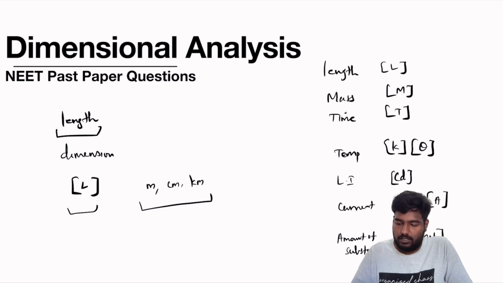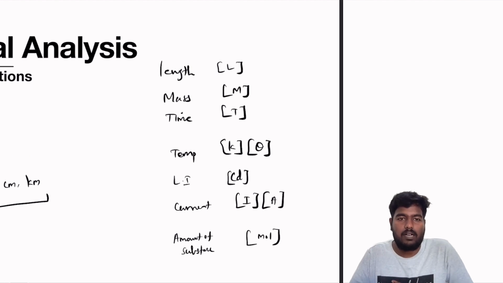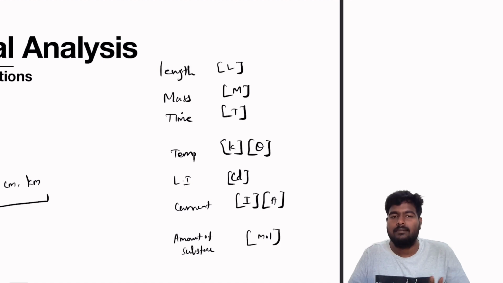So we have length, mass, time, temperature, luminous intensity, current, and amount of substance. As of now, the grade 11 and 12 CBSE physics NCERT book does not deal with luminous intensity and amount of substance in dimensional analysis.